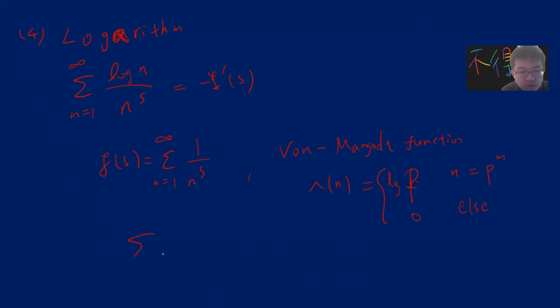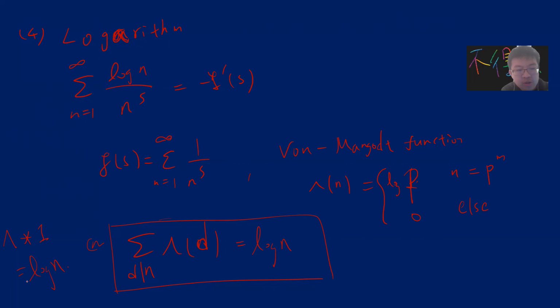Okay, and I also proved that this has a very strange relation, such that the sum of lambda d over d dividing n will give you log n. So if you see this carefully, what you get is that this lambda convolved with the identity function will give you log n.